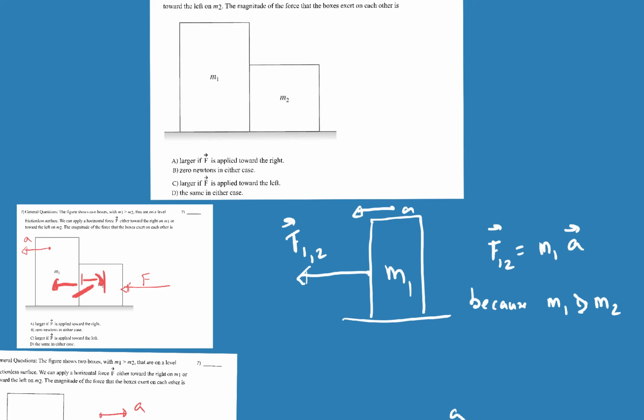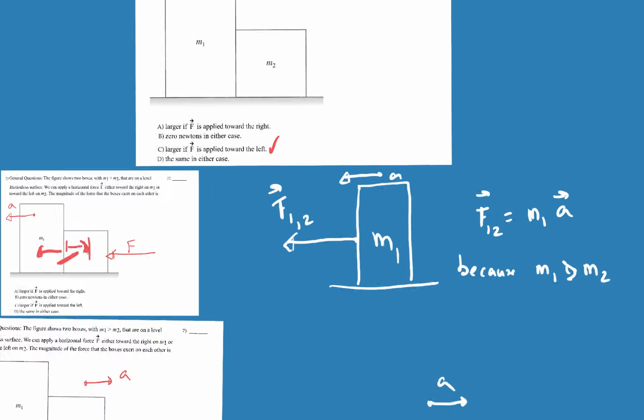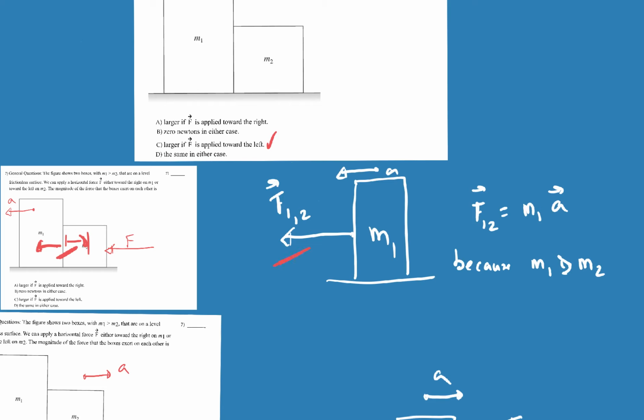very tricky. The answer is that the force is larger if applied toward the left. If I apply it toward the left, this F will be larger because M1 is bigger.